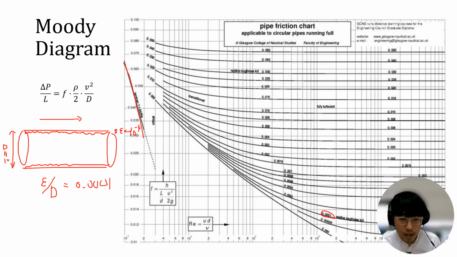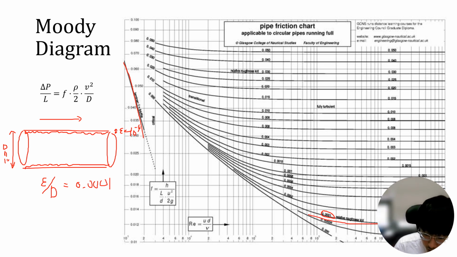So that means in case the relative roughness is equal to 0.0001, then we have to refer to this line.